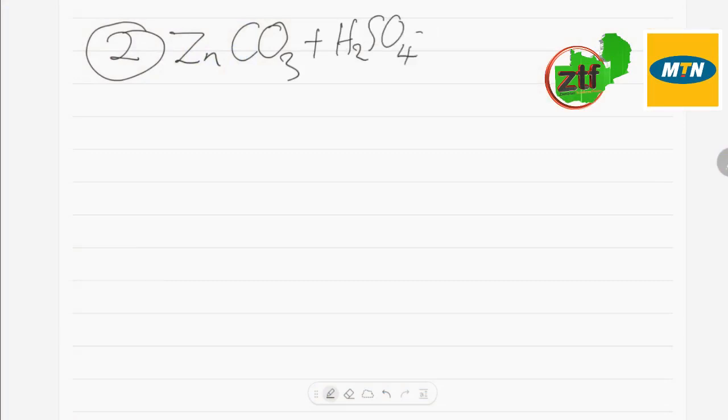When these two react, there are 3 products formed. We're going to form a salt solution of compound A, which in this case will be zinc sulfate. So this is going to be compound A. Also, what will be formed is carbon dioxide because we're reacting it with a carbonate. Apart from that, we're also going to form water, which is H2O.